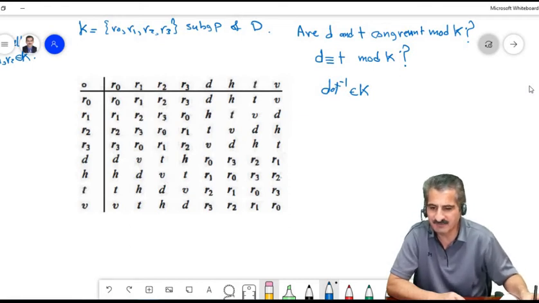What is T inverse? How do I get the identity? The identity is R0, right? So what do I multiply T with to get R0?